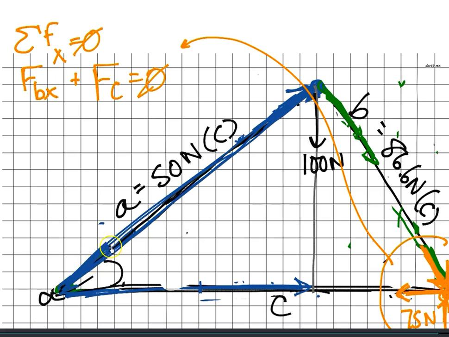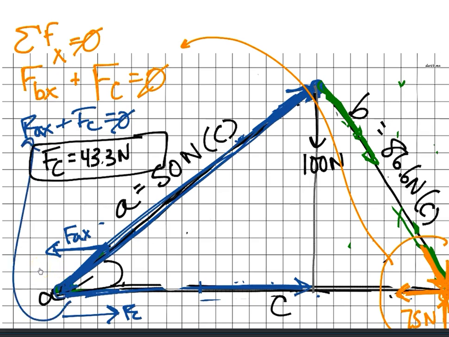So that's what I'm drawing over here, that we could use FA. We could say FAX plus FC equals 0 as well. I don't think we calculated FAX in step 1. Maybe we did. If you already have it, that would save you time. Here it looks like I used FAX, but you could easily calculate FBX as well. Either way, you should get 43.3 newtons as FC.